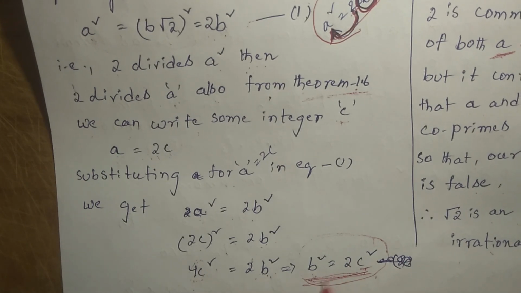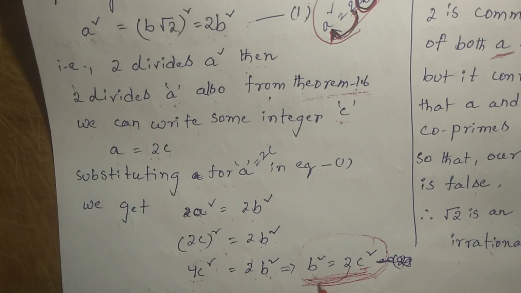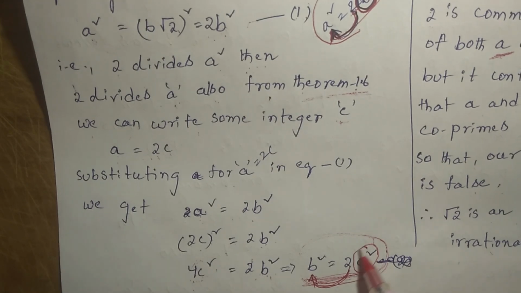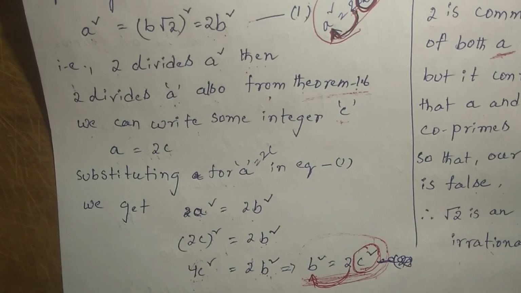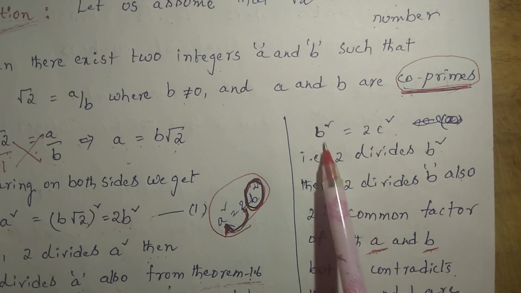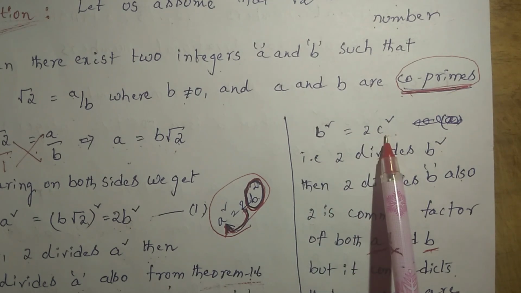What is the meaning of b square equals 2c square? 2 divides b square, c square times with no remainder.